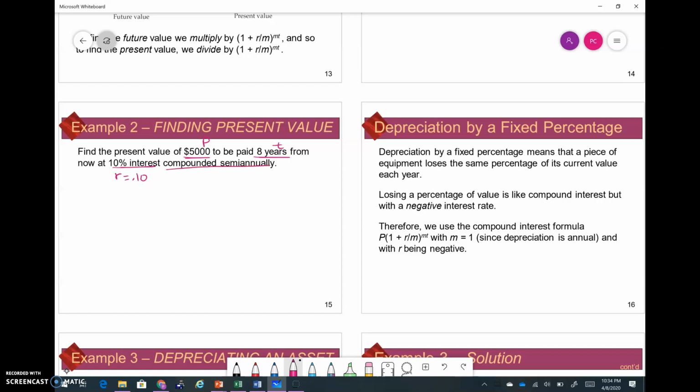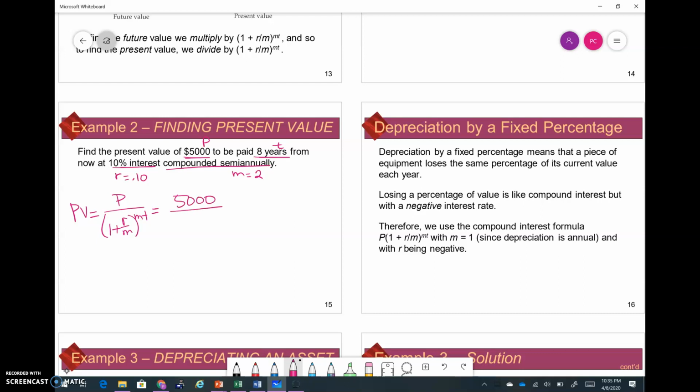Compounded semi-annually, that's 2 times a year. So the present value we need is P over 1 plus r over m, all raised to the mt.